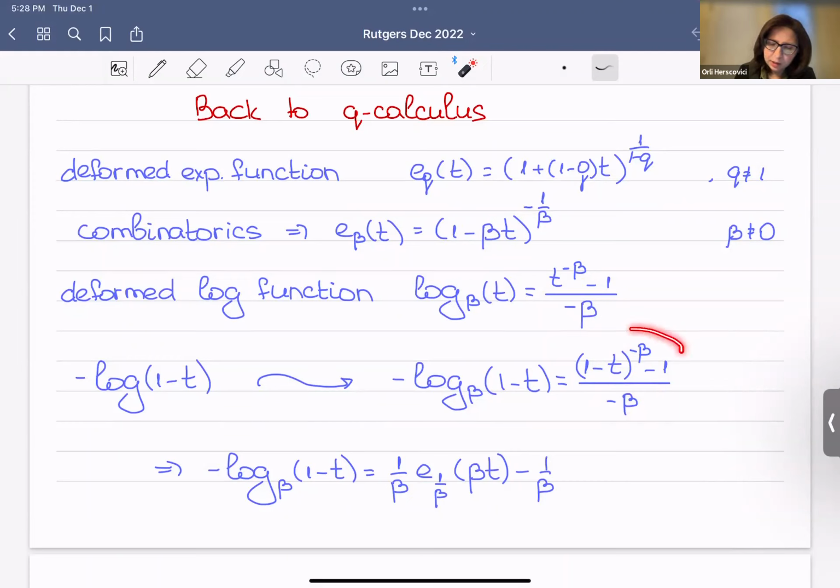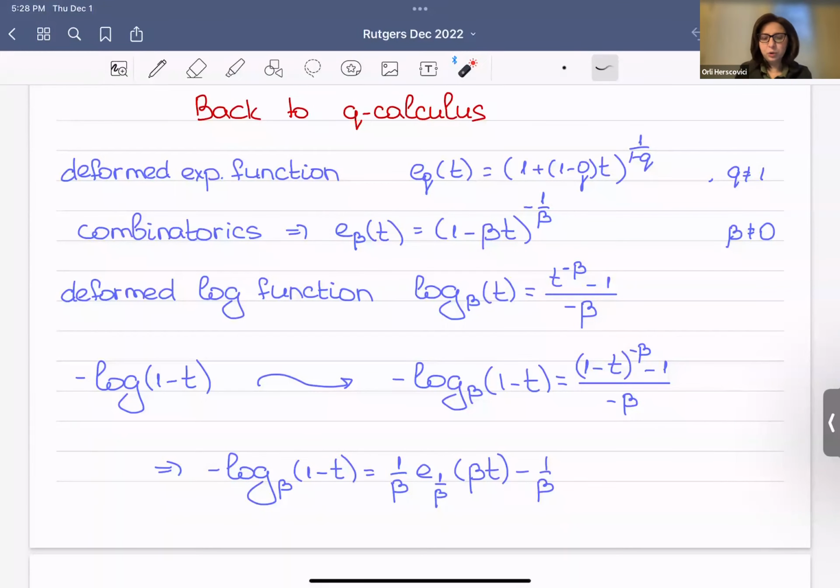Now, comparing this expression with the definition of the deformed exponential function, we actually can rewrite our logarithmic function in terms of the deformed exponential function. We have a difference between 2 functions.